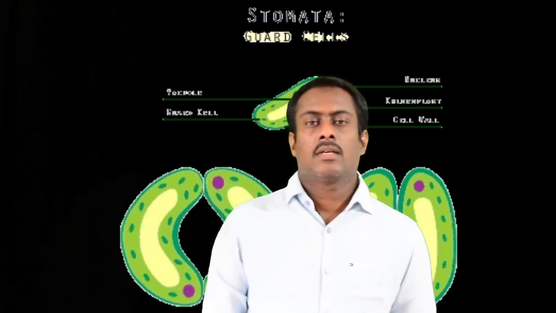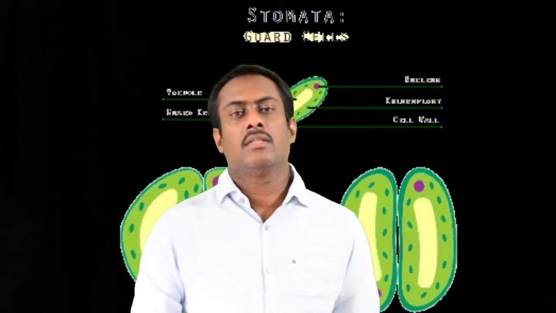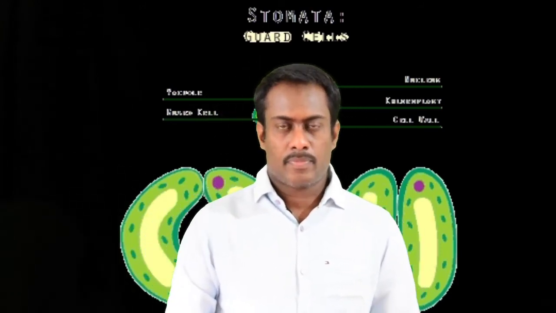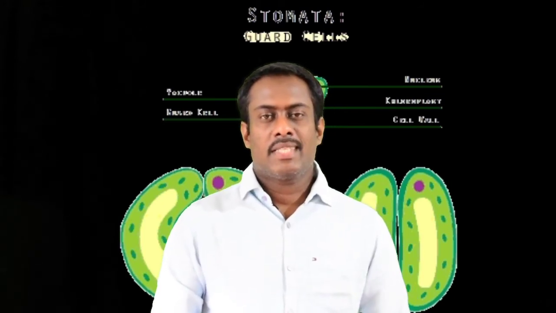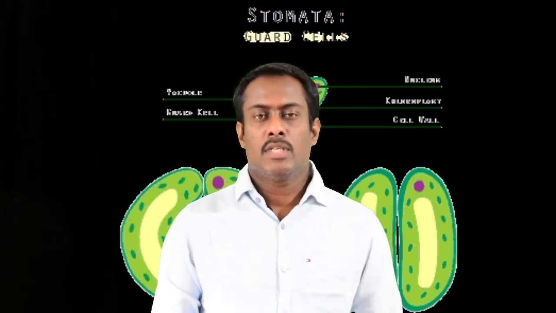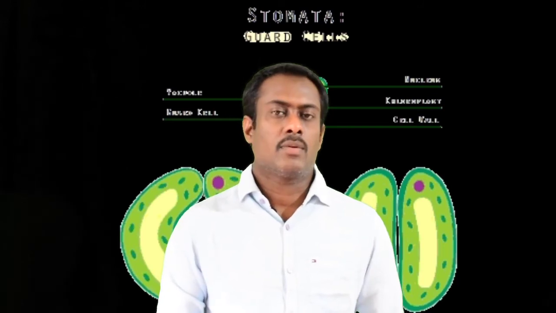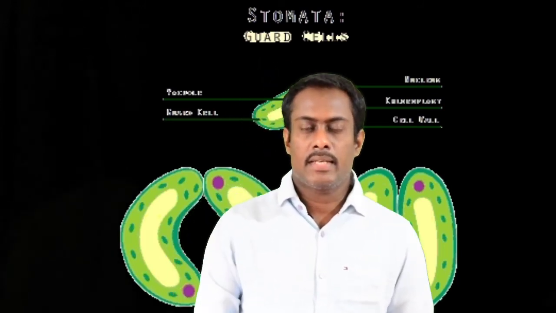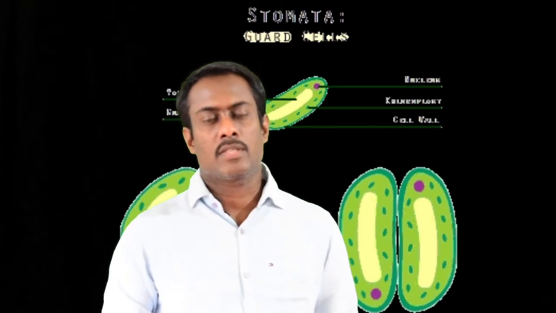And how is this carbon dioxide obtained by the organism? This gas is absorbed into the organism from its surroundings. How does it enter the body of an organism?